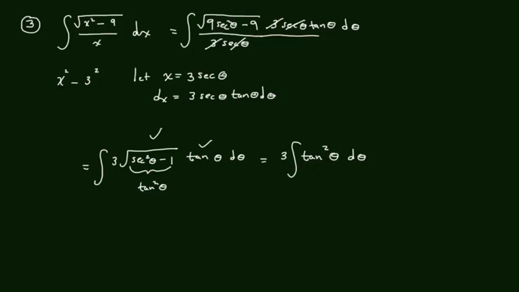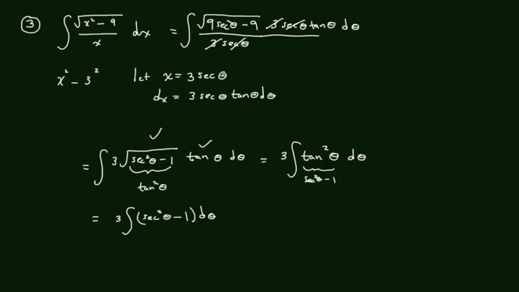I don't have a book of memories for tangent squared. I do have a book of memories for secant squared. So if I could somehow make this look like secant squared, and I will through an identity. So this is 3. I can write this as secant squared theta minus 1, because that's what this equals. Secant squared theta minus 1 d theta.